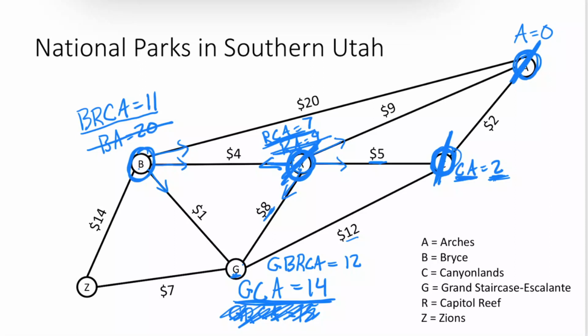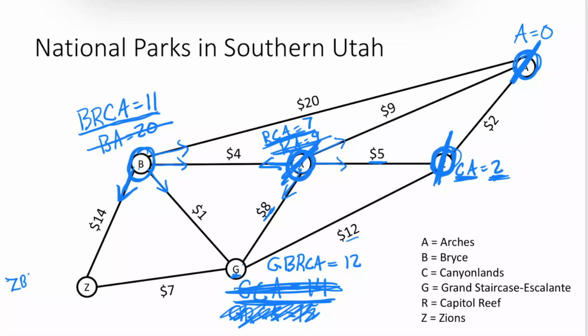And because that 12 is cheaper than the 14 I found earlier, I'm going to cross that off and keep the 12. And then the next one I'll do is this one. If I follow along this edge, it looks like to get from Z to B is costing 14, and then to get from B all the way back to A with the cheapest route is 11.